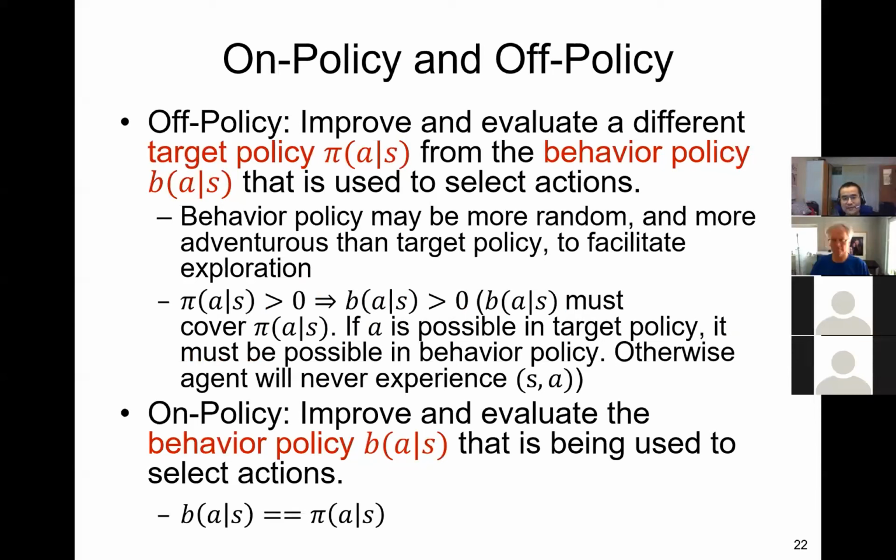It could be a uniform random policy. The behavior policy must cover the target policy. If an action is possible in the target policy, it must also be possible in the behavior policy. Otherwise, the agent will never experience the state-action pair.